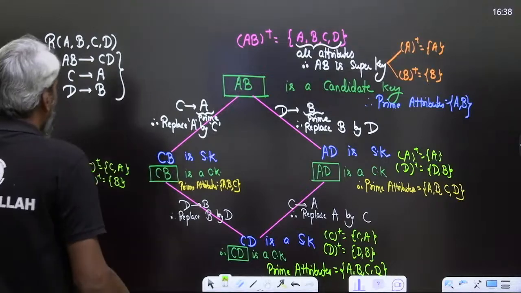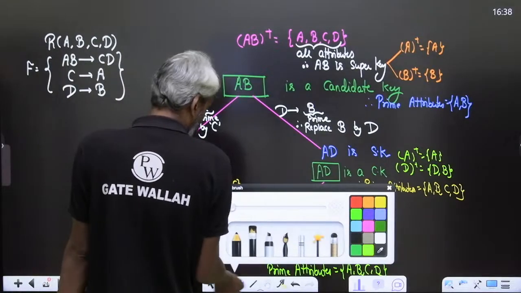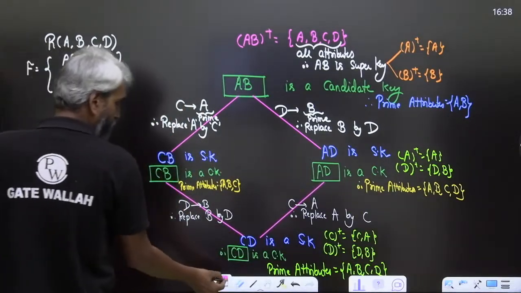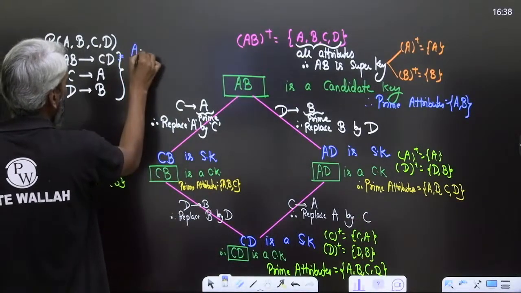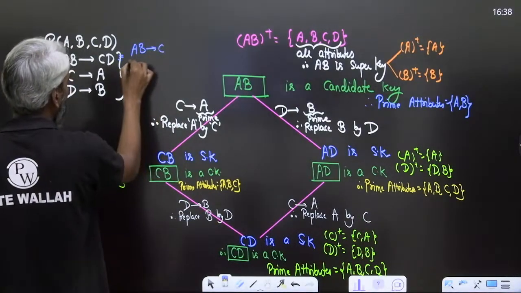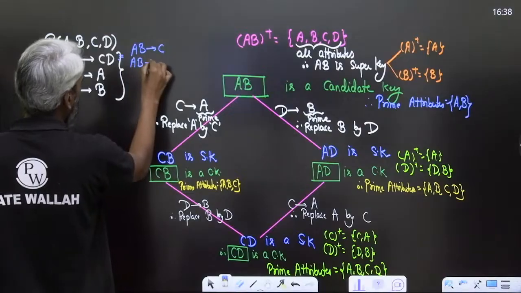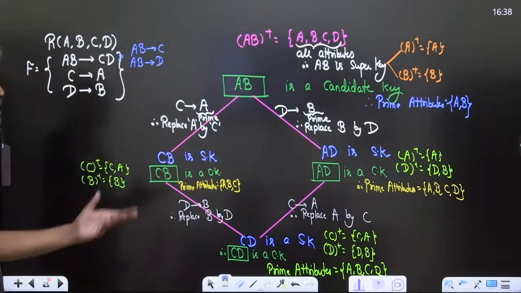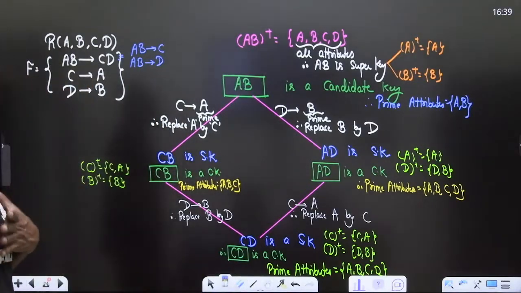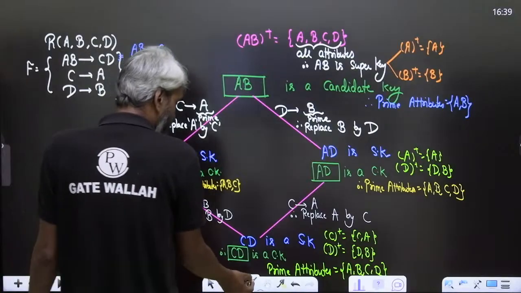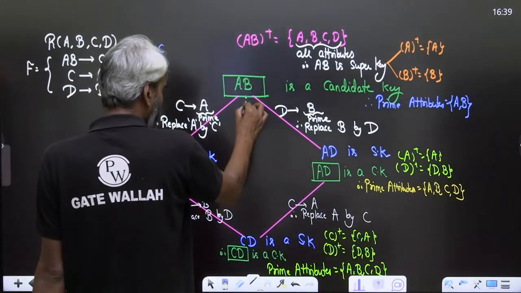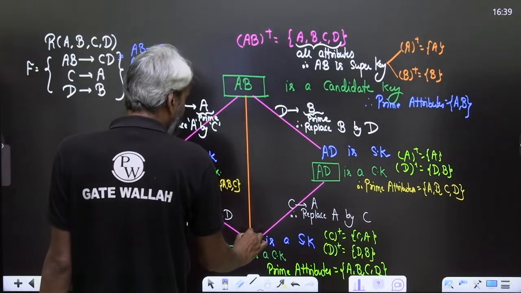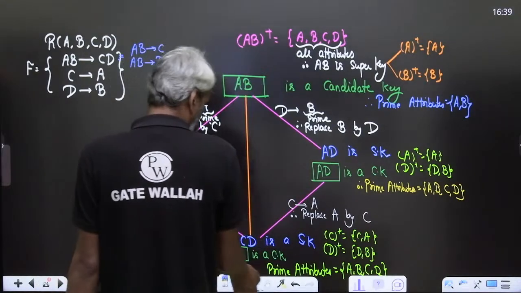Now, please try to understand, sir. This FD is actually AB implies C and AB implies D. So what are the possible things? One more thing that you must understand: whatever can be done, listen to me very carefully.